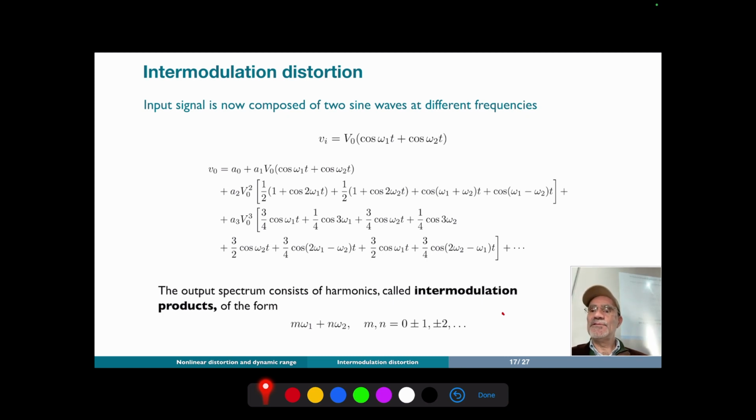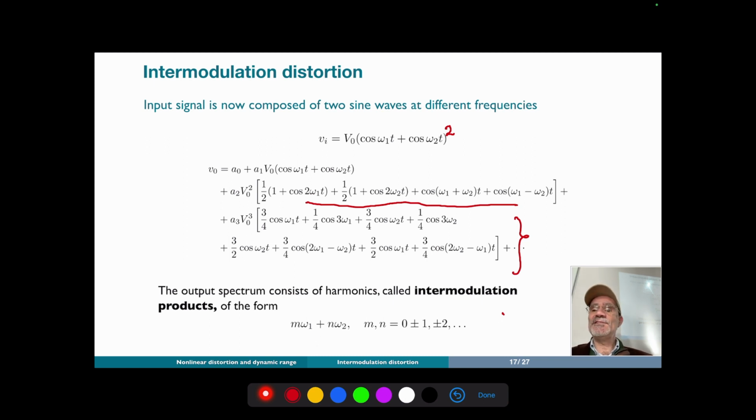So it's the cosine square of the summation of these two cosines, which has been expanded in this equation. And then we have the third term, this one here. And we are only assuming three terms, up to third order, okay?